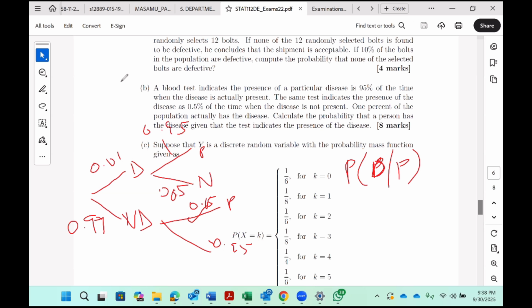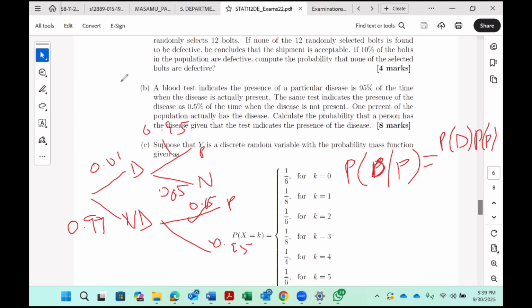So we are going to apply the Bayes theorem. The numerator will be the probability of having the disease times the probability that he tested positive, given that he has the disease.